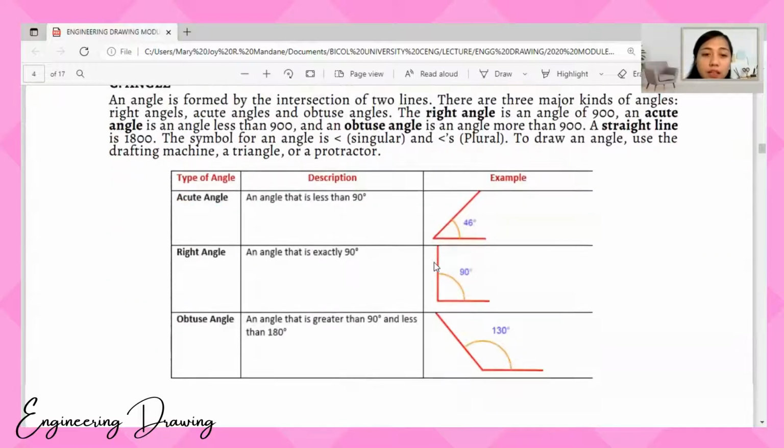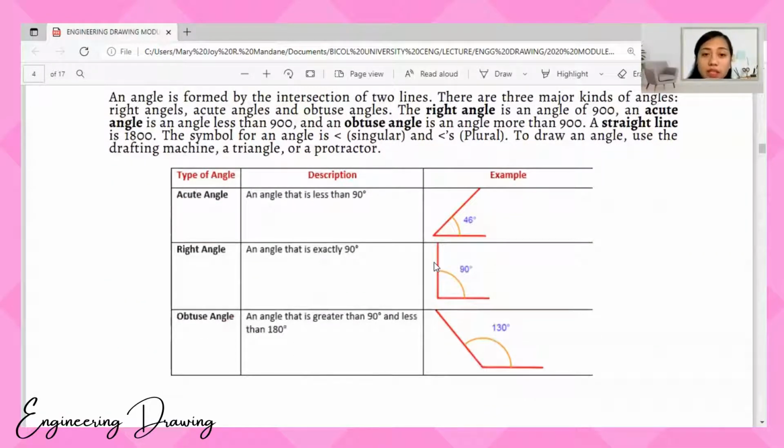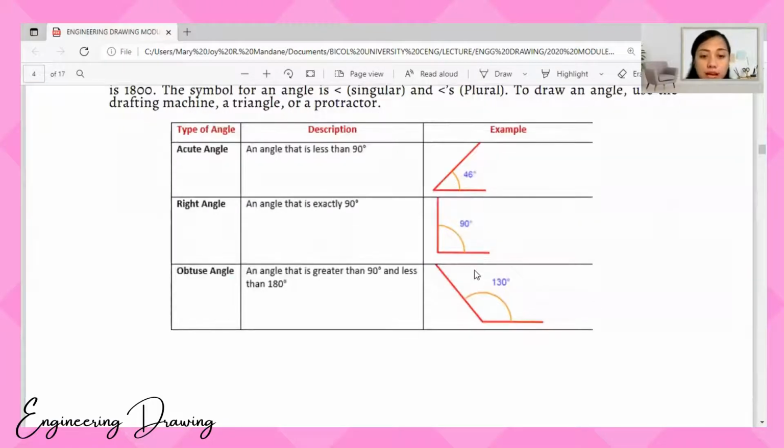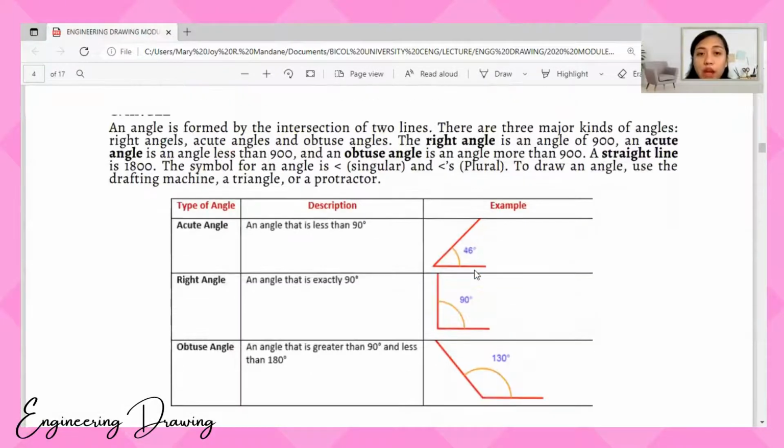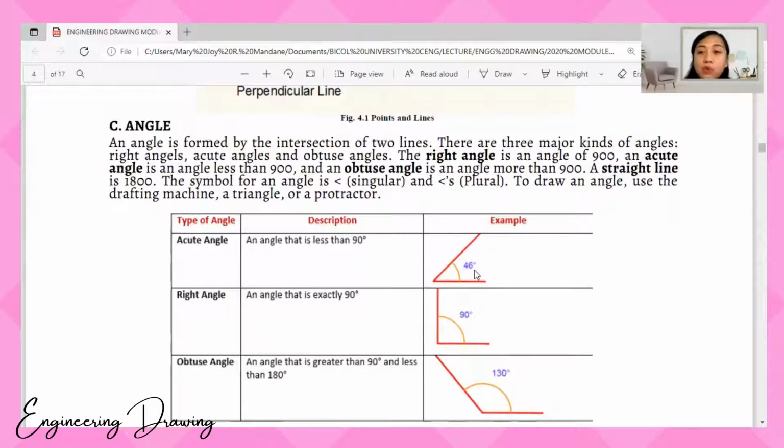Okay, for the angle, this acute angle is an angle that is less than 90 degrees, as you can see in the example. And right angle is exactly 90 degrees, as you can see in the figure. Obtuse angle is an angle that is greater than 90 degrees and less than 180 degrees. So you will use there the triangle and protractor.